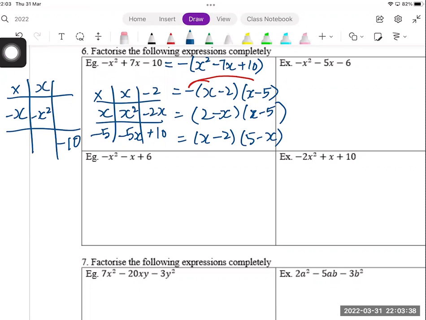You'll be thinking, and you realize that if I put minus 2 here times plus 5, I'll get plus 2x plus 5x, which is what I'm looking for, plus 7x.